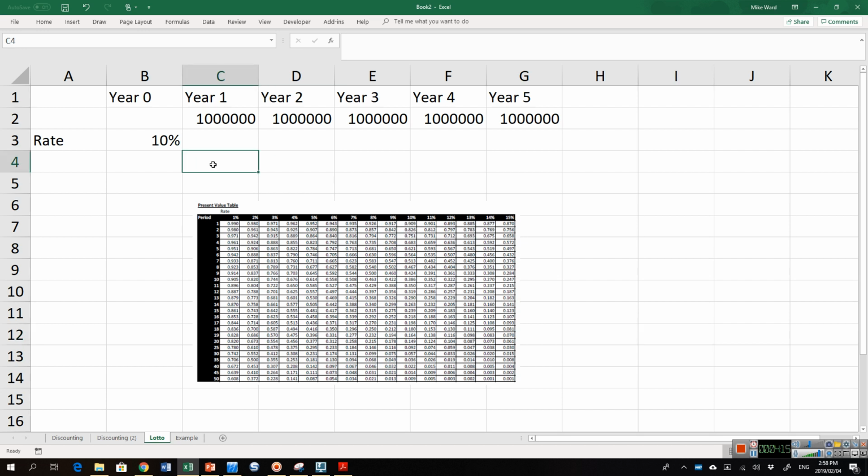So if I were to take this number over here and multiply it by 0.909, it would give me the present value of this number over here.